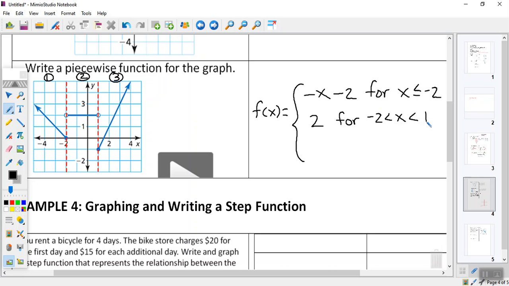It's like all x values bigger than -2, that's this way, and all x values less than 1. Why did I just put less than signs in here? Because if you just get rid of the less than 1, then you have to reverse that. How come I didn't put equals down there? Because these dots are what here for that part? Open.